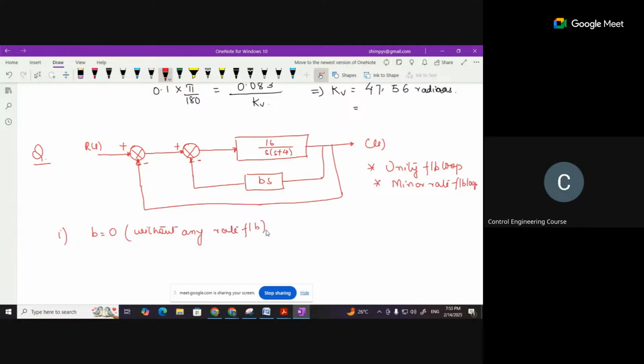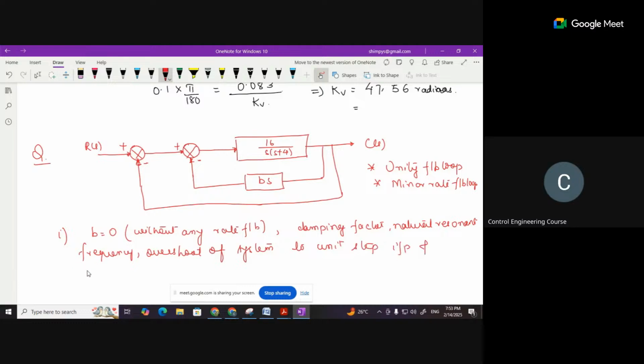You have to determine the damping factor, then find the natural resonant frequency, the overshoot of the system to a unit step input, and the steady state error that results from a unit ramp input. This is part 1 for this given problem.